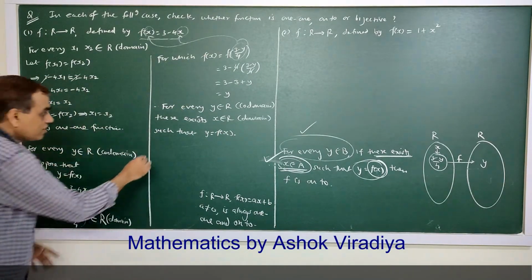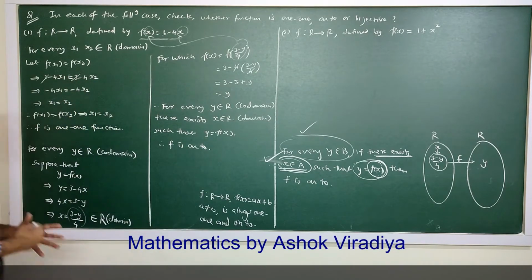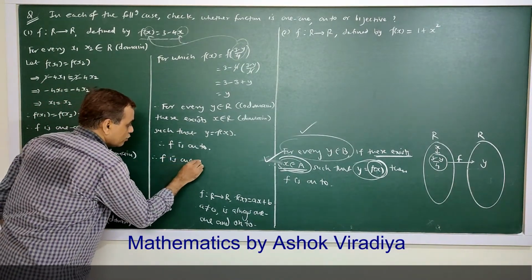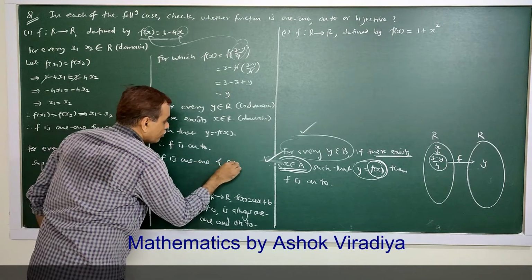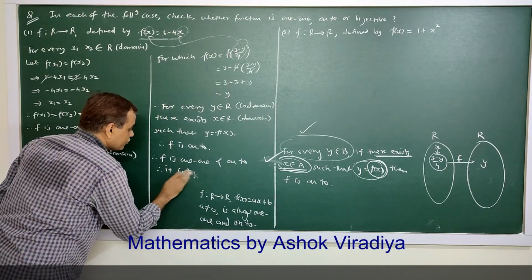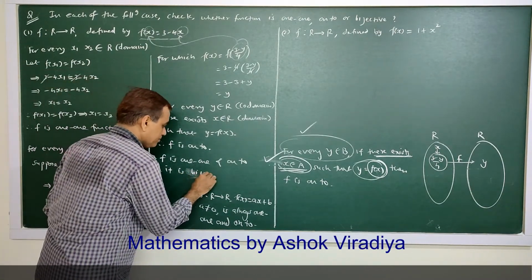So therefore this function is an onto function. So the given function is 1-1 as well as onto. So the function is 1-1 and onto, therefore it is a bijective function. This function is bijective.